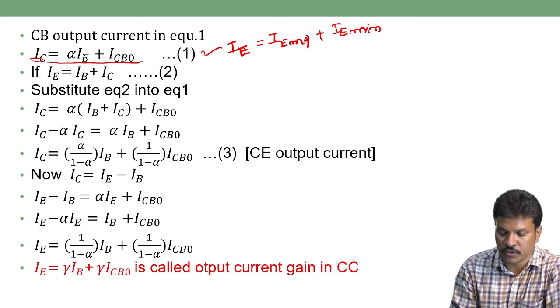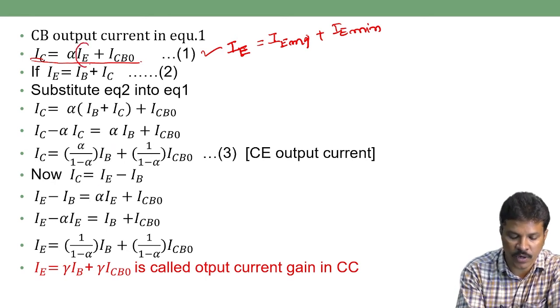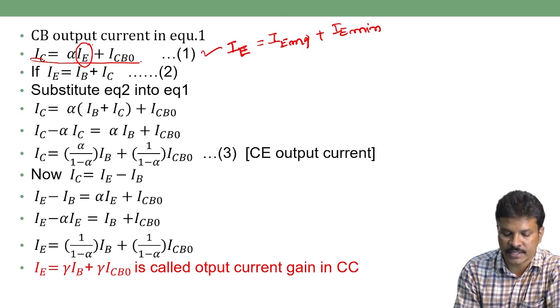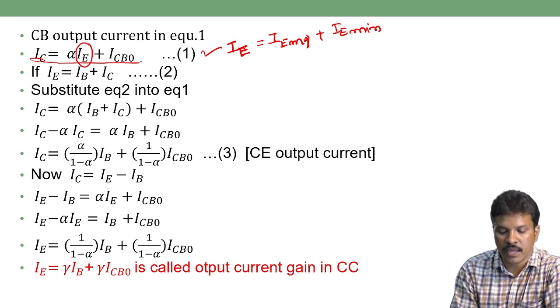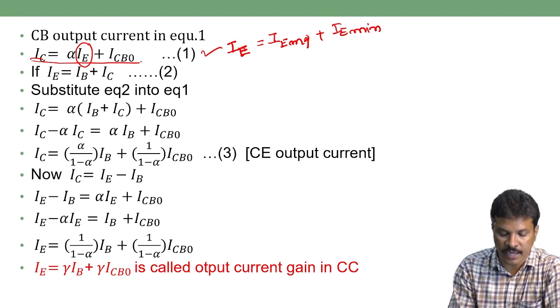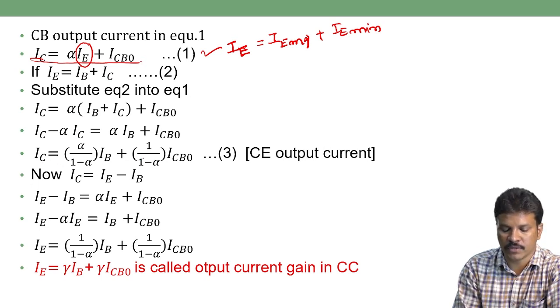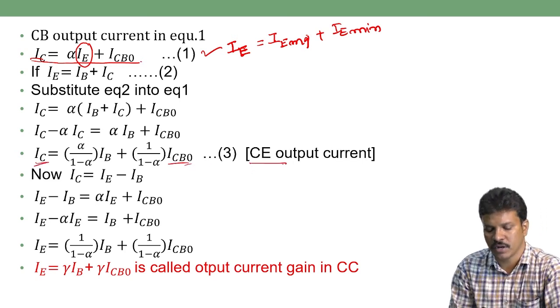If we substitute IE equal to IC plus IB, we get IC equal to alpha by 1 minus alpha IB plus 1 by 1 minus alpha ICB0, which is the representation of the collector current in common emitter configuration.